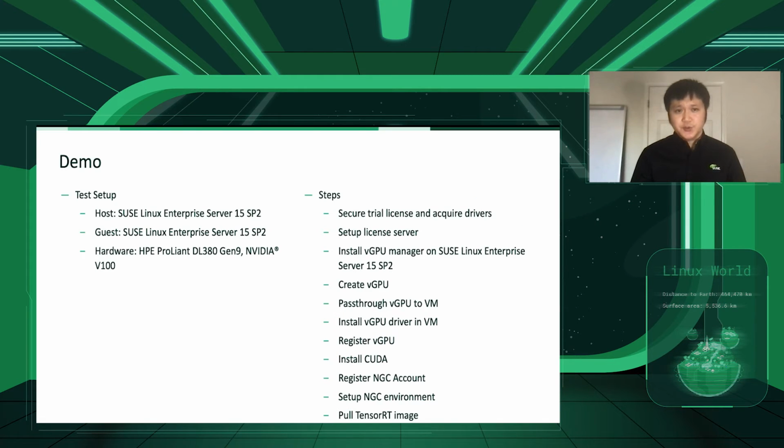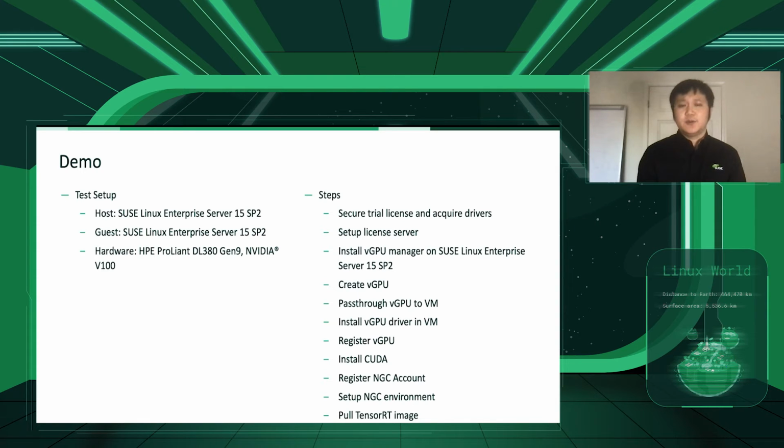Anyway, let me show you a demo here. We set up this demo based on 15SP2 as host and guest. We handled it on an SP server. So basically three parts. You need to register an account on the NVIDIA side, get the license, and download the driver.